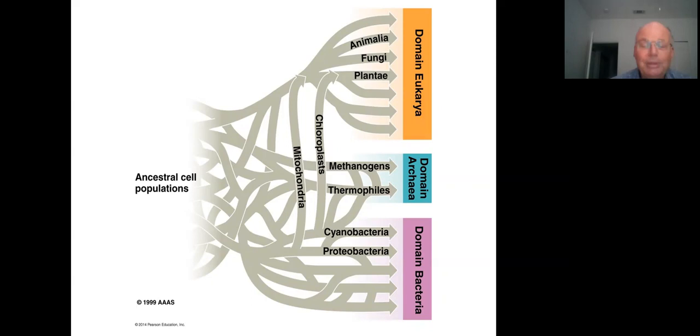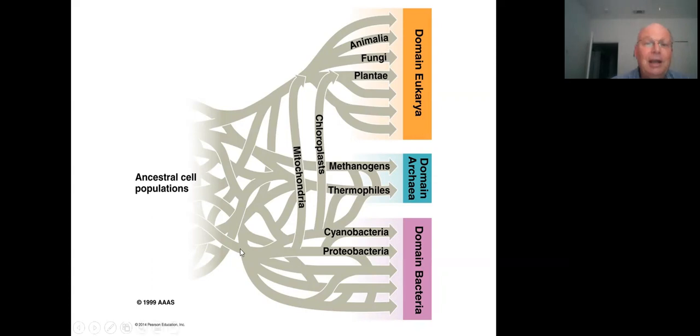So there is probably no simple explanation for the genetic origin of life, which means that there is no simple explanation for the origin of cellular life once we have cells.